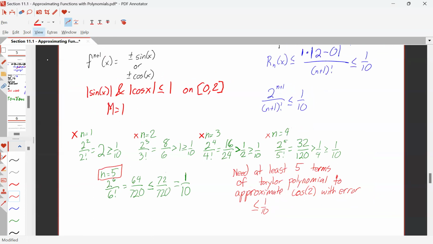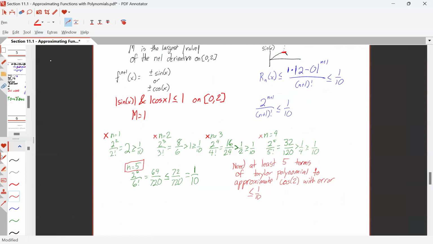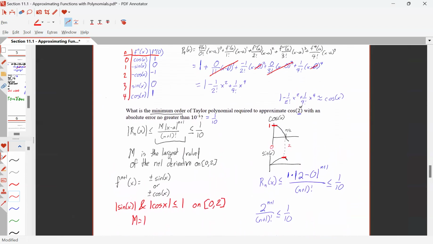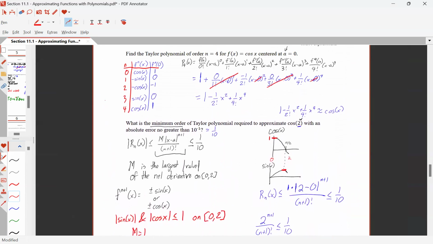However, because we're dealing with sine and cosine, we do want to look at something else. And that is, if I found the 5th term polynomial, p sub 5 of x, that would be p sub 4 of x plus that 5th term. That is the 5th derivative at 0 over 5 factorial times x minus 0 to the 5th.